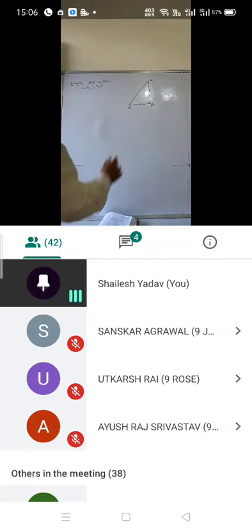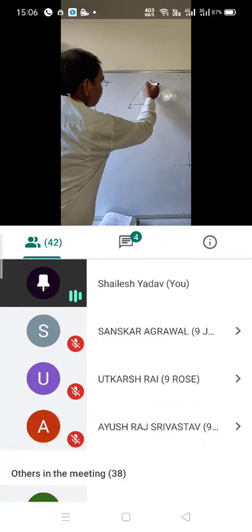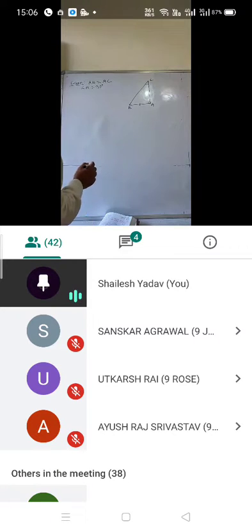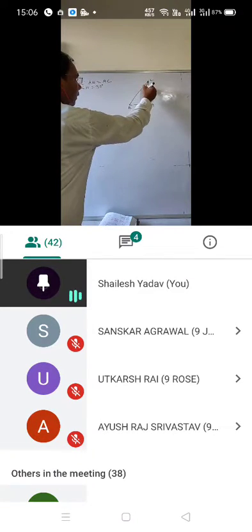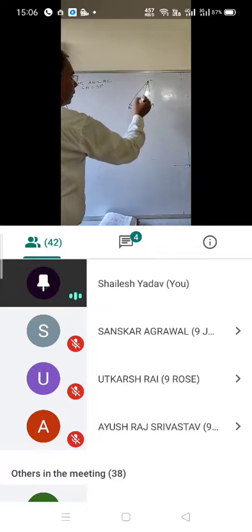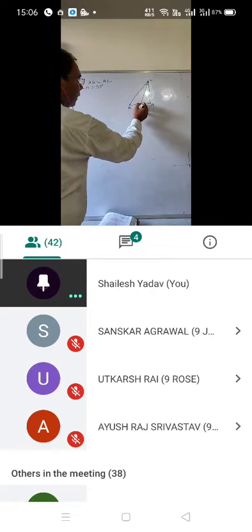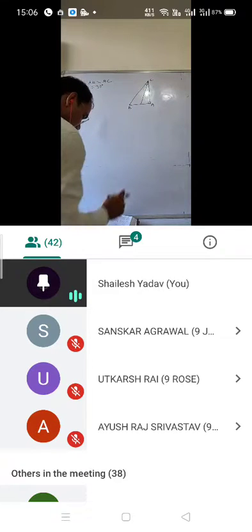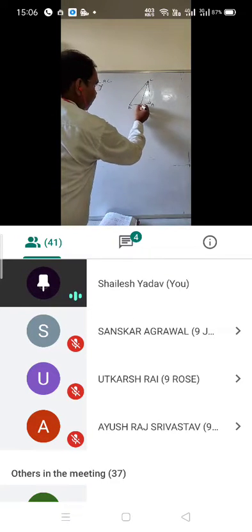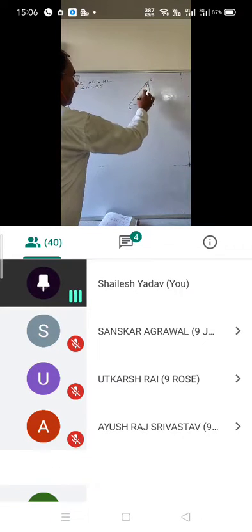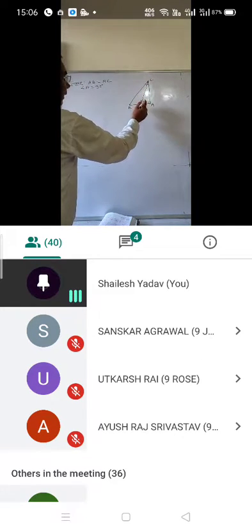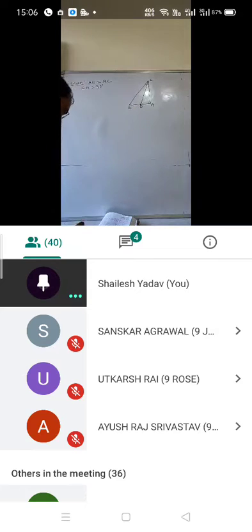The bisector of angle C. Angle C is here, and in the question it is given that a line is going to bisect angle C. Suppose I draw it like this, it is CD. So it is D. The bisector of angle C is going to intersect AB at point D. Now you need to prove.